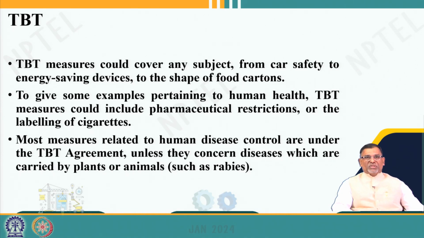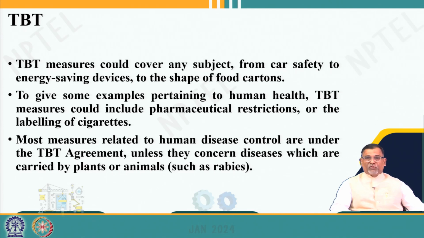TBT measures are always looking into the technical standards of every product. The simple example is that every fan in India has to have an ISI mark, Indian Standard Institution mark, and an energy mark. At the same time you can find certain star markings in air conditioners, they are voluntary marks.